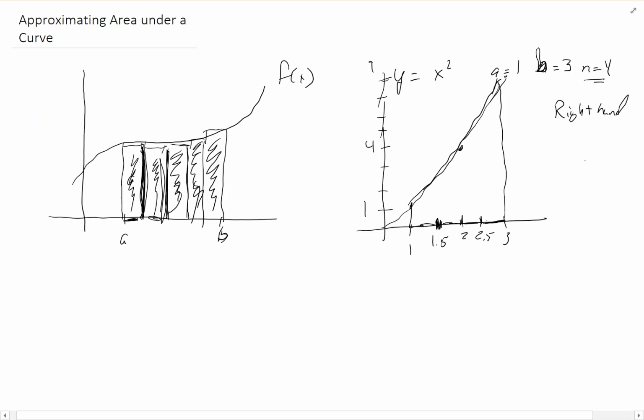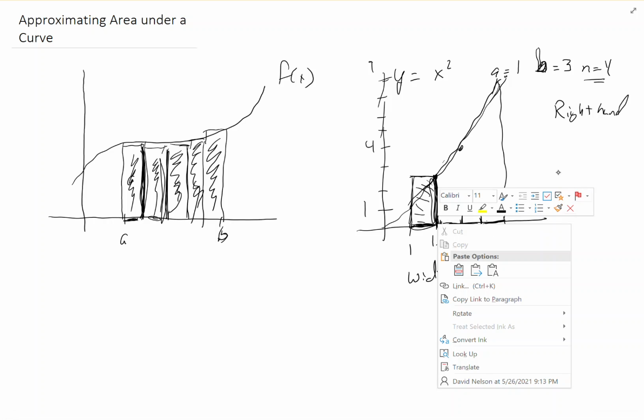The width of each of those rectangles is going to be 1/2. If I'm doing the right-hand rule, I'm going to use the right side of the rectangle to determine my height. So the height of this rectangle would be the same as the y value on this curve when x is equal to 1.5.